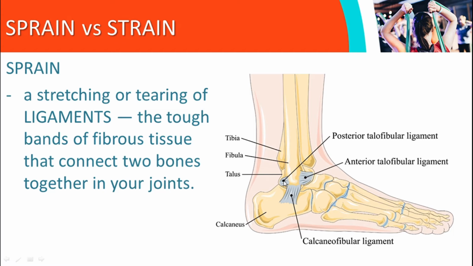When you twist your ankle, meaning folding of the ankle by 90 degrees, usually the ones being sprained are these. This is the one that gets injured. It's being stretched or torn, and you'll get a sprain for that.